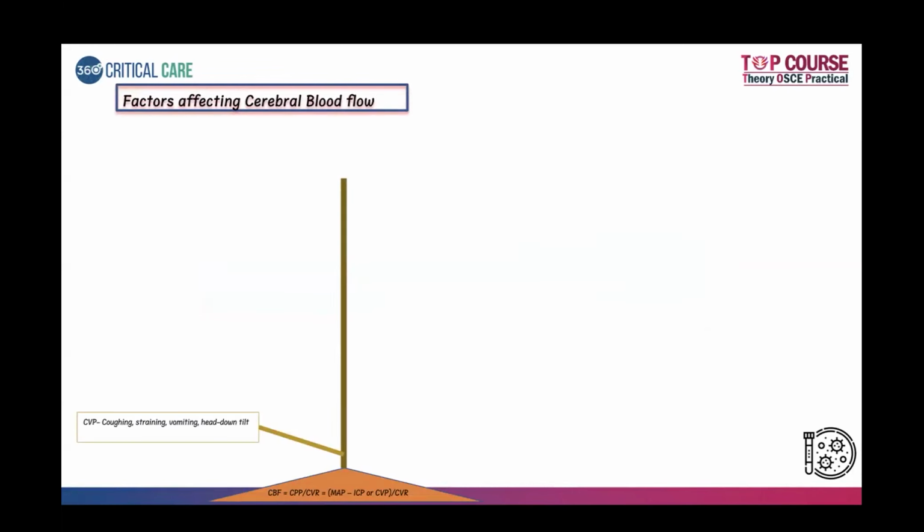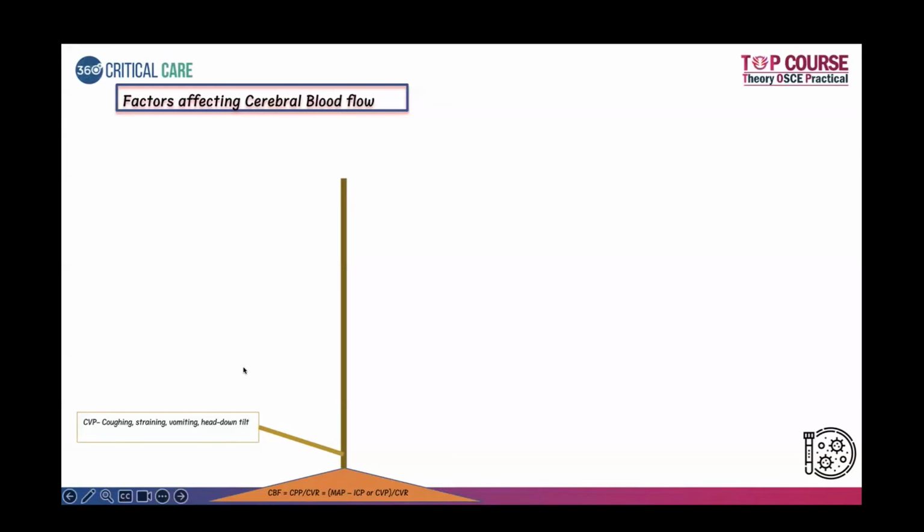Apart from the contributing factors, other things that can influence cerebral blood flow include CVP, which gets elevated with coughing, straining, vomiting, or in head down tilt position, particularly as an anesthetic complication. If the patient stays head down for a longer period of time, there is increased congestion of the brain.